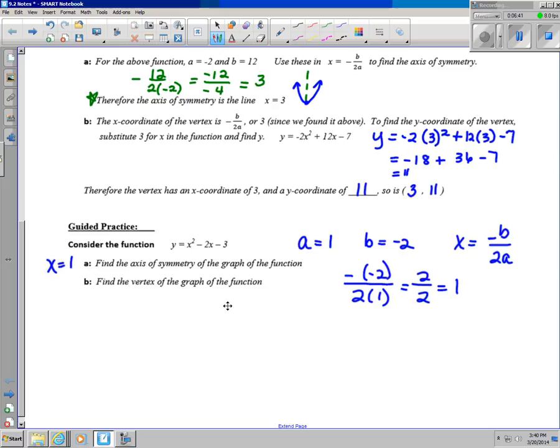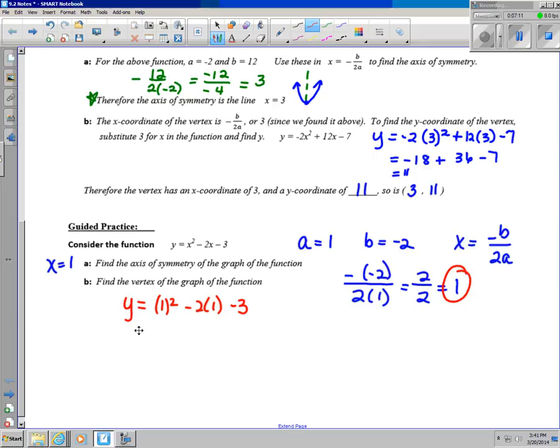Now, to find the vertex of the graph, I already know my x-coordinate. It's 1, because I already did -b over 2a. So I already have solved that. So now I'm going to take my x-coordinate for the vertex, and I'm going to put it into the function and solve for y. So I end up with y equals 1 squared minus 2 times 1 minus 3.